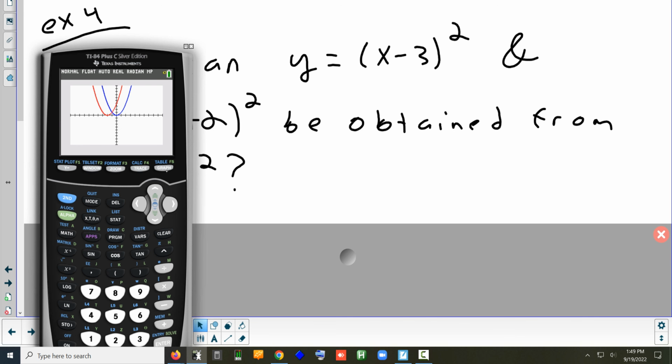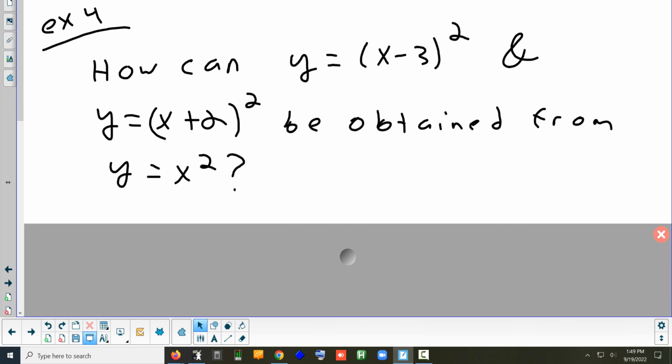We need to say it before it shows up. That's okay. But I think you had said it was going to go to the right. So this one went to the left. So +2 made it go to the left. So -3, which way do you think that would go? Yeah, that's going to go to the right.